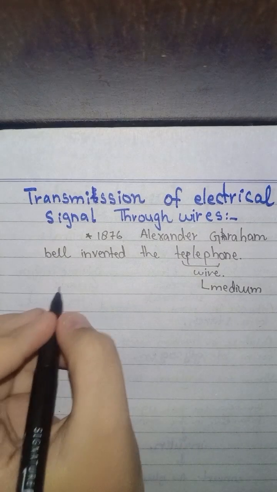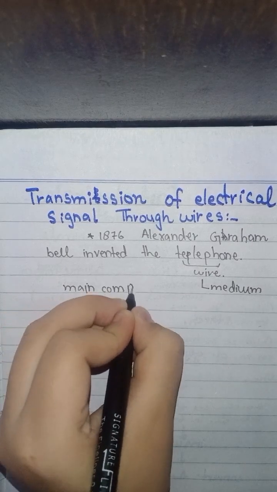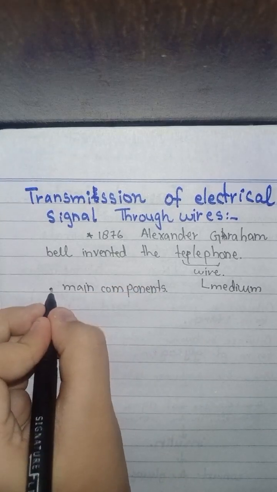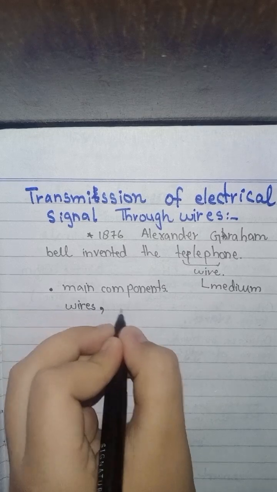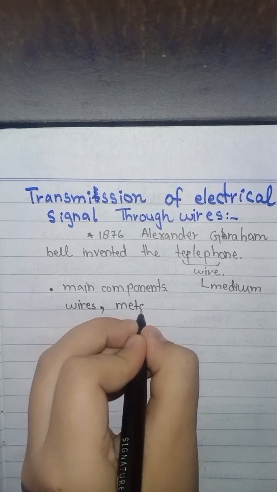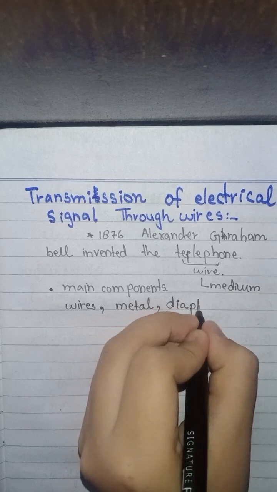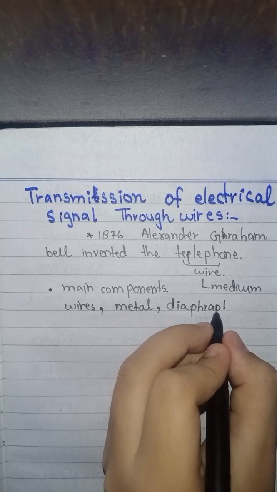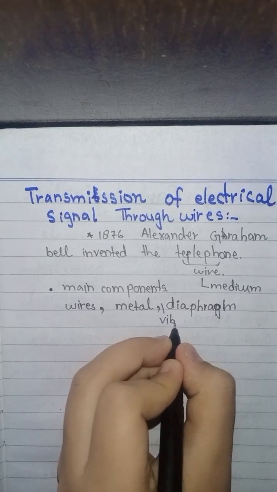Okay, so here we have the main components, that are basically the wires through which the signals pass, and metal and diaphragm, sorry, vibrating diaphragm you can say.